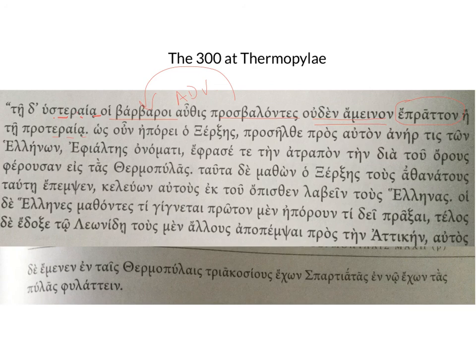So on the next day, the barbarians attacking again did nothing better, here, meaning than, and then te proteraia, on the previous day. So if we were to translate this literally, it would say, on the next day, the barbarians, attacking again, did nothing better than on the previous day. Meaning, on the next day, the barbarians attacked again, and fared no better than they did on the previous day.